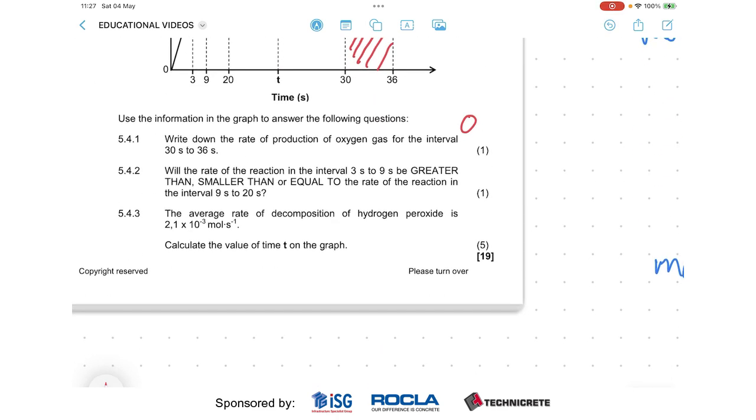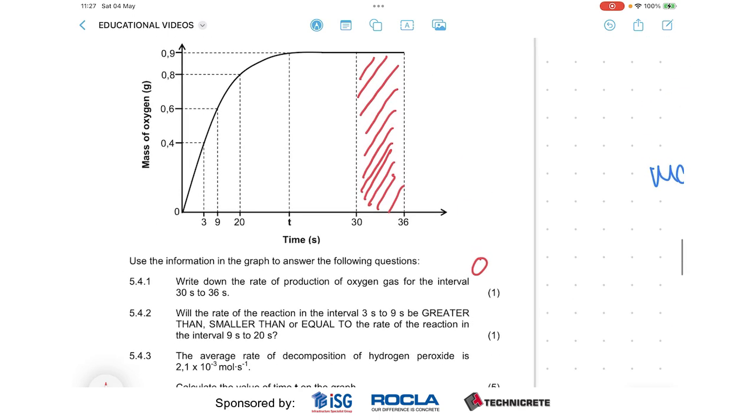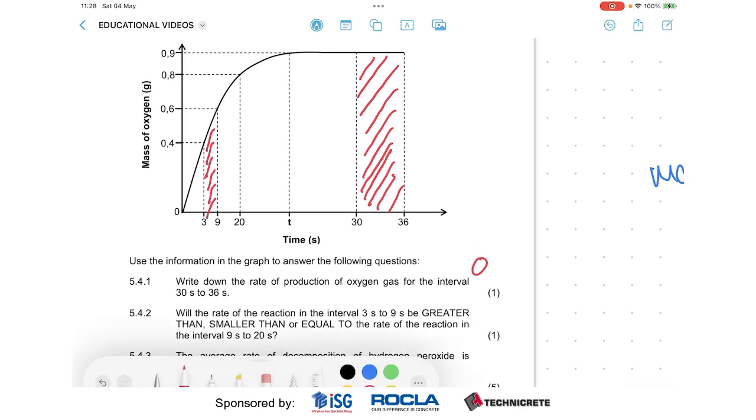Will the rate of the reaction in the interval 3 to 9 be greater, smaller, or equal to the rate of the reaction in the interval 9 to 20? So 3 to 9 here compared to 9 to 20 here.